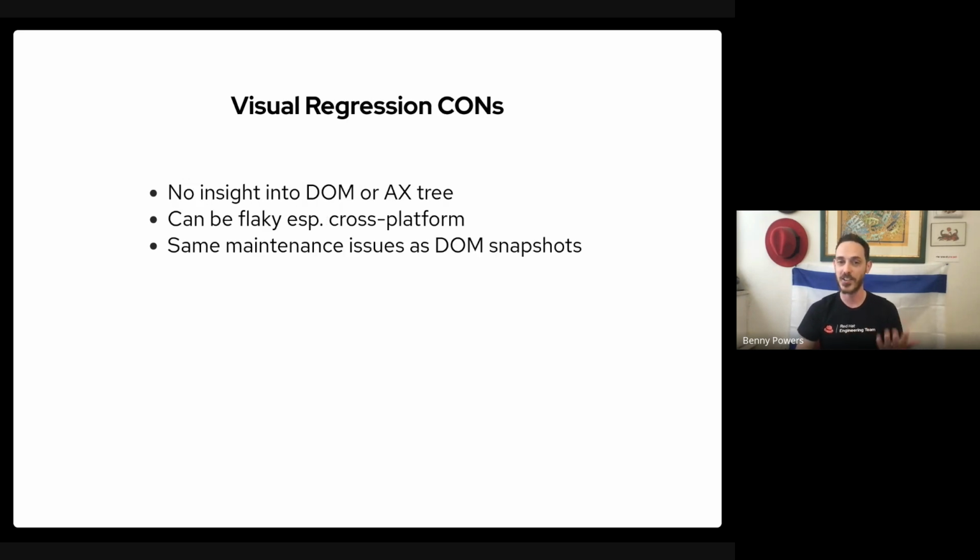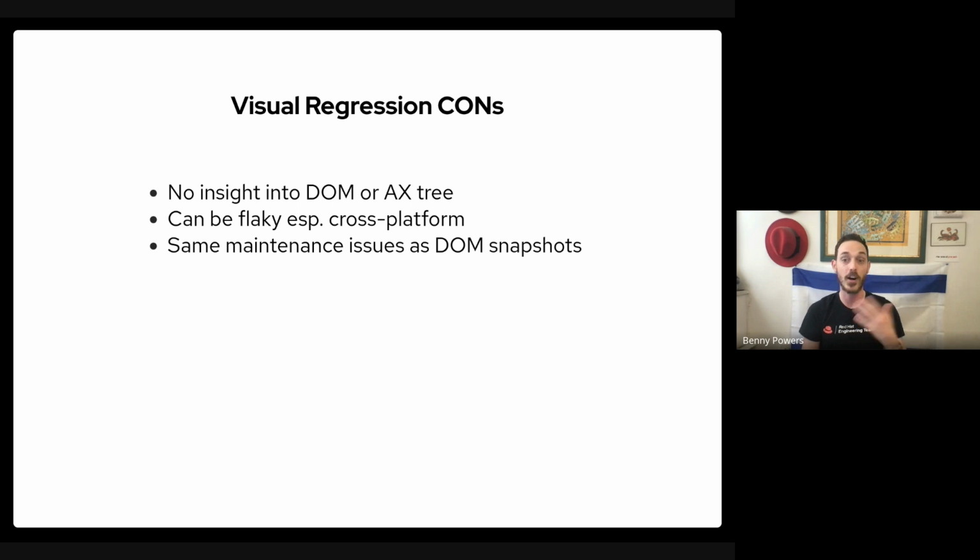But like the others, there are some downsides here. So you don't get any insights into the state of the DOM, of the HTML, and certainly not into the accessibility tree. It's just pass or fail. Do the pictures match or do they not match? As well, running these tests cross-platform can introduce flakiness and weird effects.